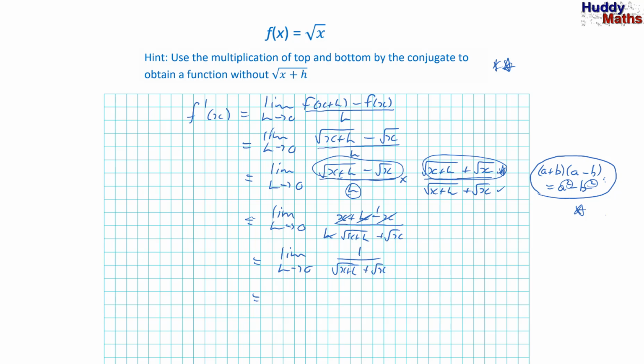We'll just put in h is naught, so that would be root x plus root x, or 1 over 2 root x. Or you could put it as a half x to the negative a half, something like that. Okay, so there we have it.